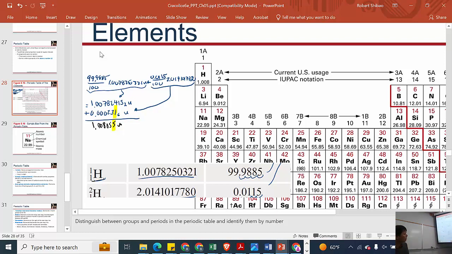Most of these are going to be to 2 decimal places, so we'll just round it to 2 decimal places.